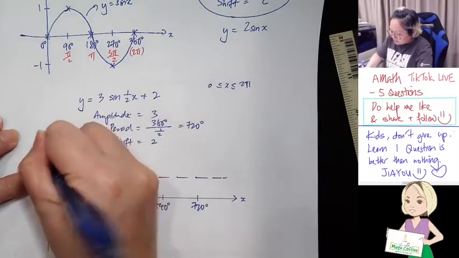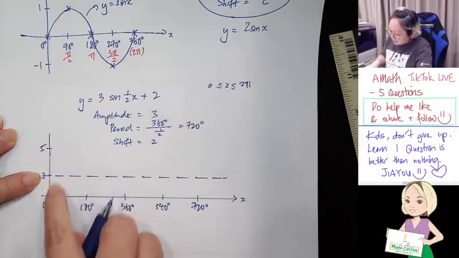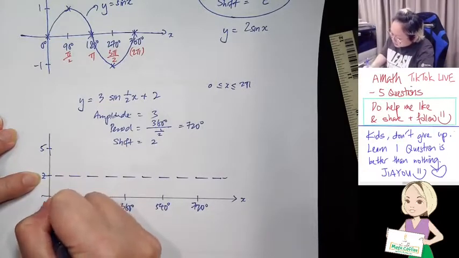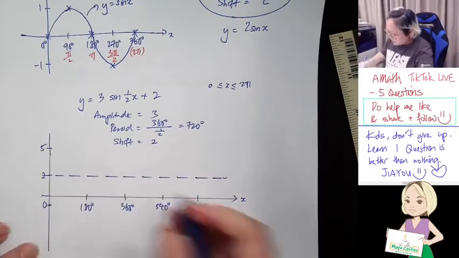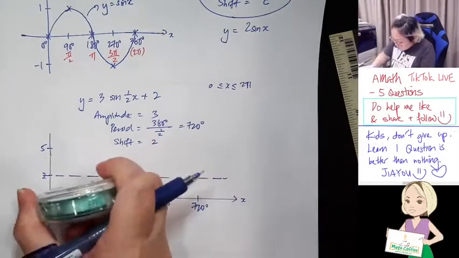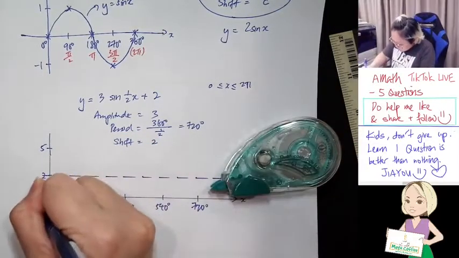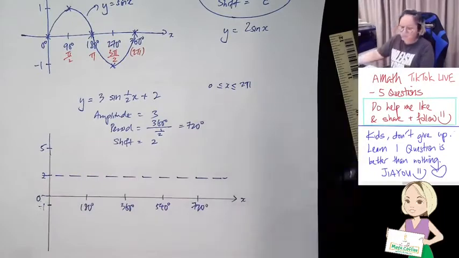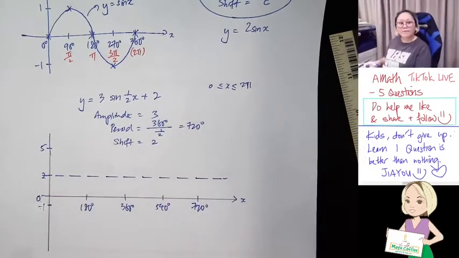Okay, let's say here. Okay, 2 minus 3, let's say it's here. 2 minus 3, so this one is -1. Yes, max 5, minimum -1.